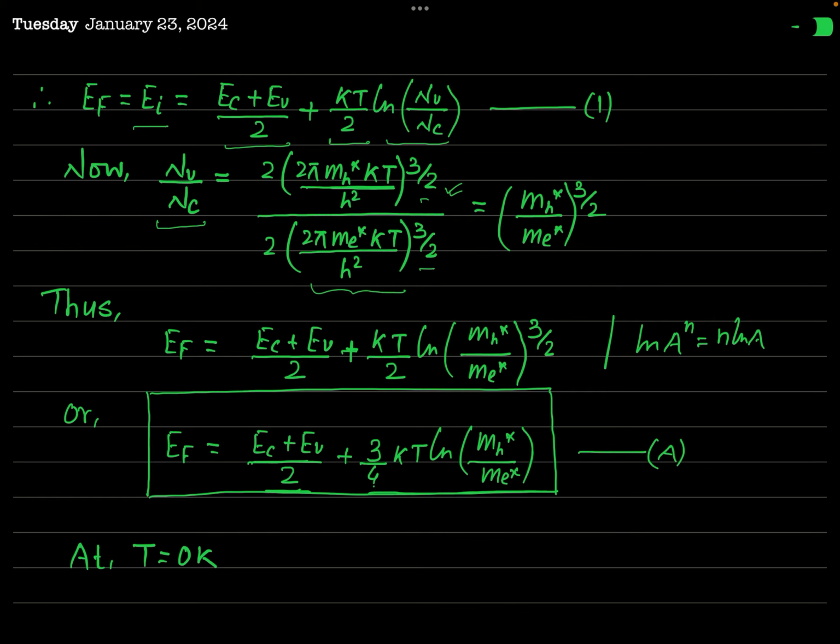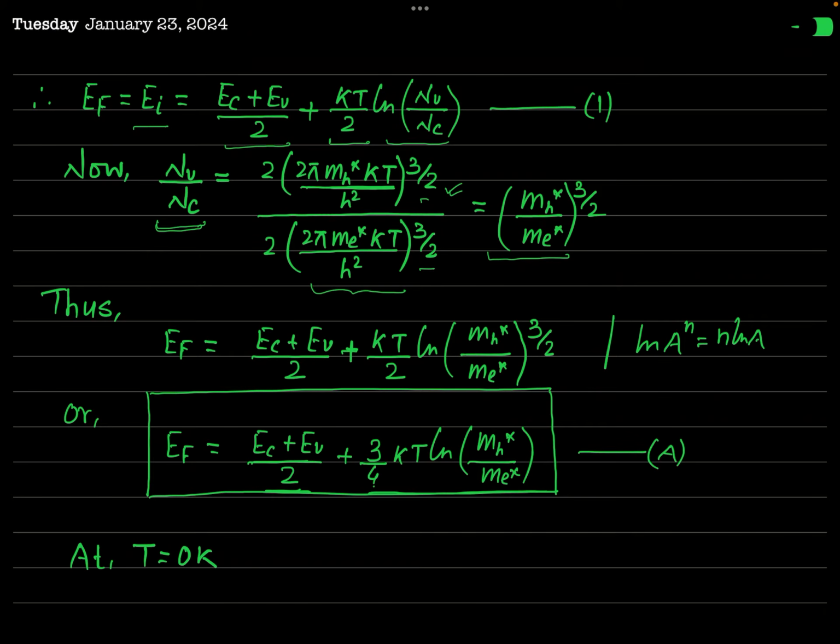You can see, except mh star and me star, all the terms are identical, so they will cancel out, and so finally we get that the ratio of Nv and Nc is simply equal to (mh star over me star) whole to the power 3 by 2.